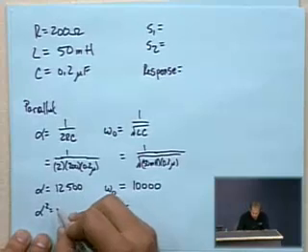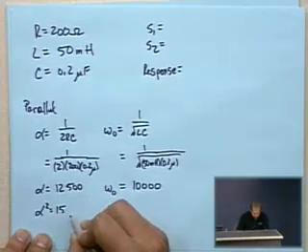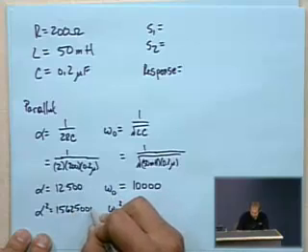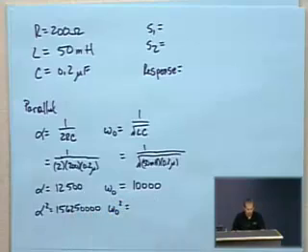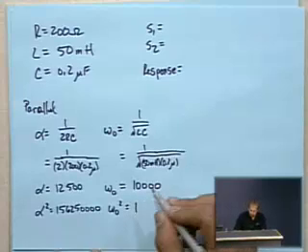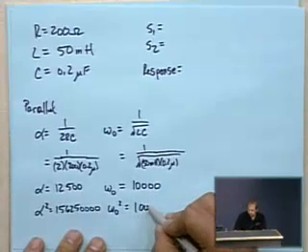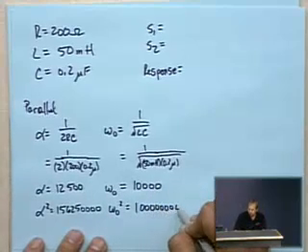I'll just write the digits: 156250000. And omega naught squared, 10,000 squared, is a 1 followed by 8 zeros.